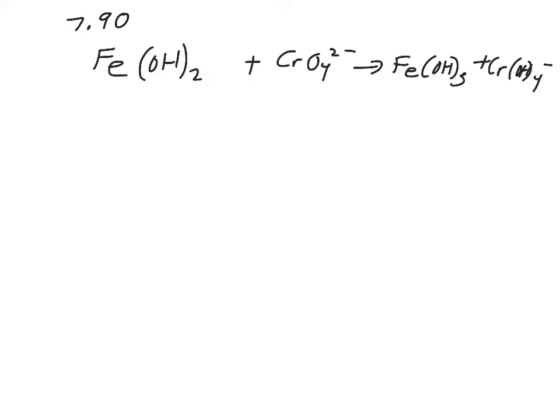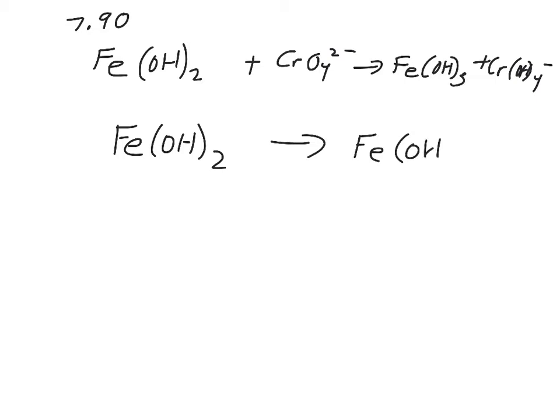Let's write our two half reactions. We have iron 2 hydroxide going to iron 3 hydroxides.